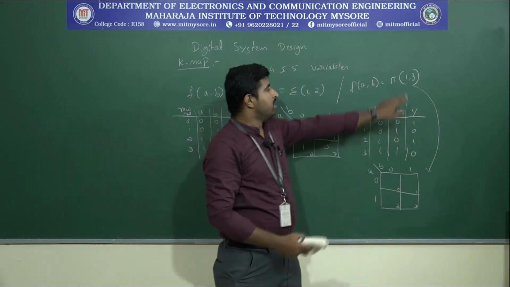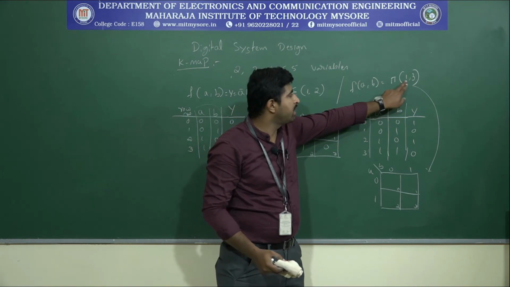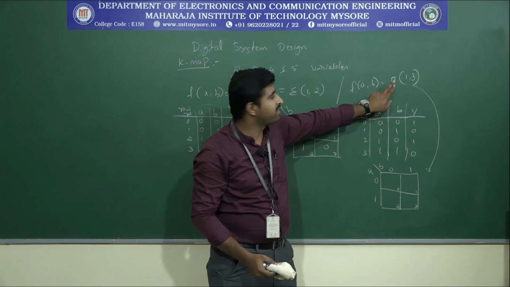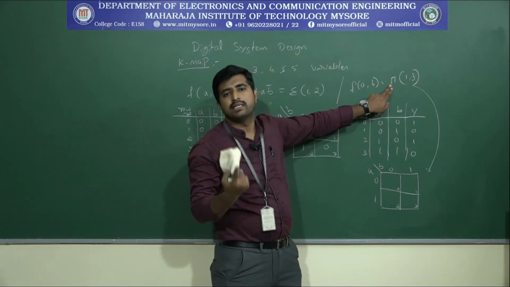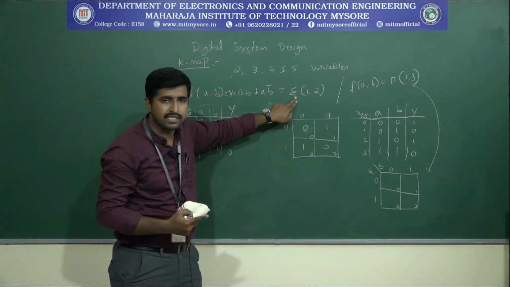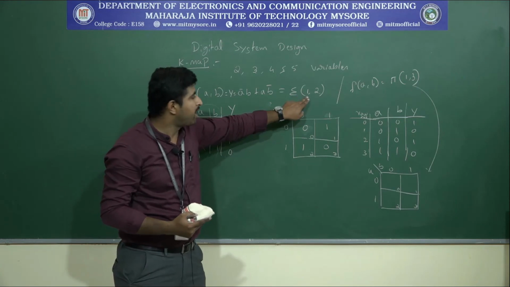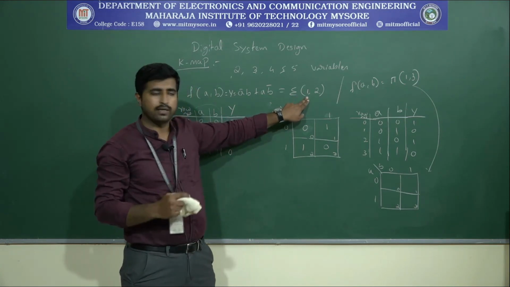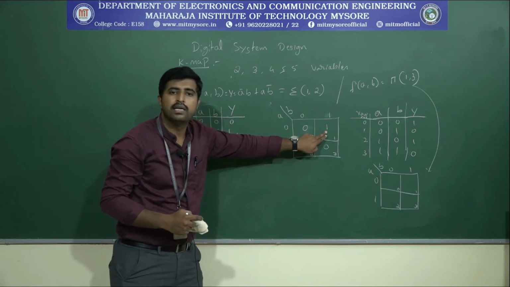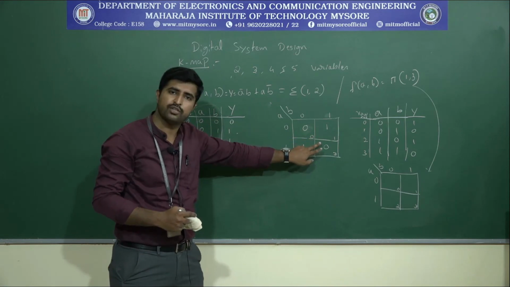For the equation pi of 1 comma 3, the cell numbers 1 and 3 will have a 0 because of pi. If it is a sigma, the cell values will be 1. Sigma means minterm expression, and minterm expression means the values lead to logic 1. So for cell numbers 1 and 2 we write the cell values as 1 here, and the remaining cells will be 0.